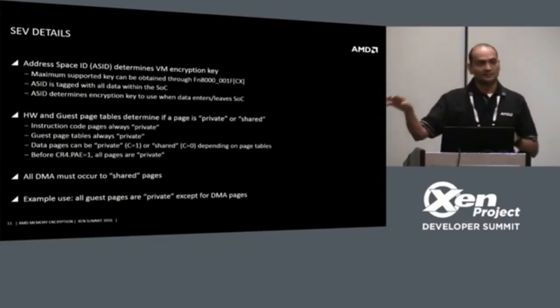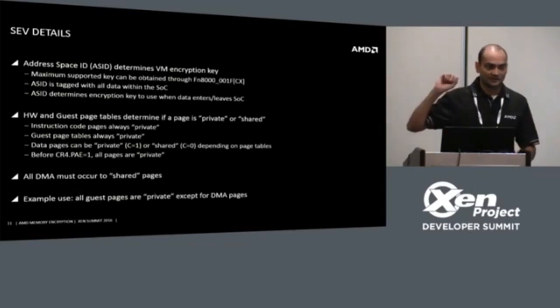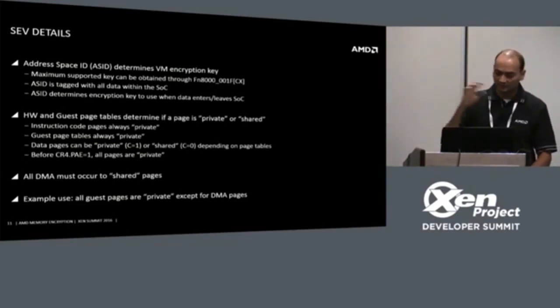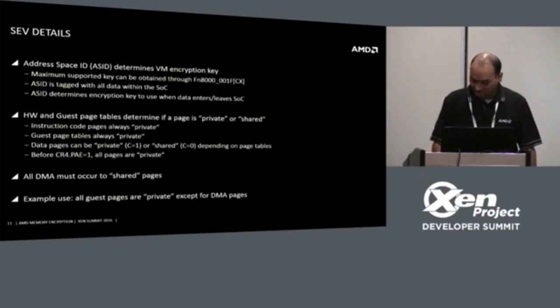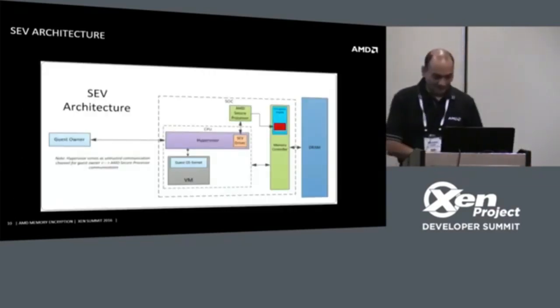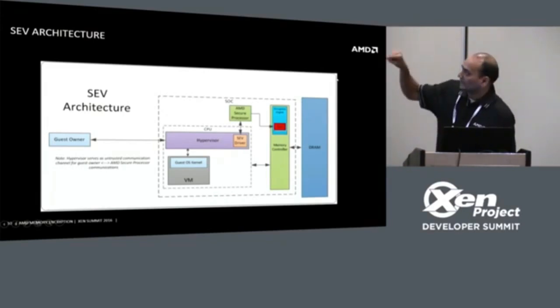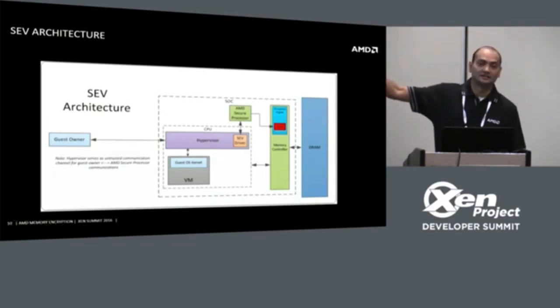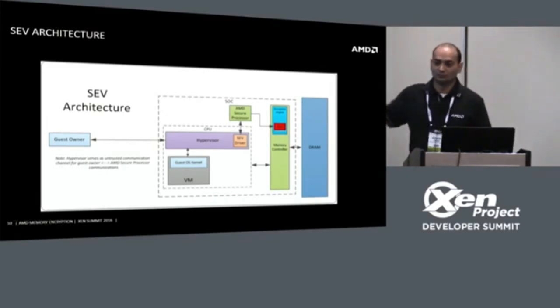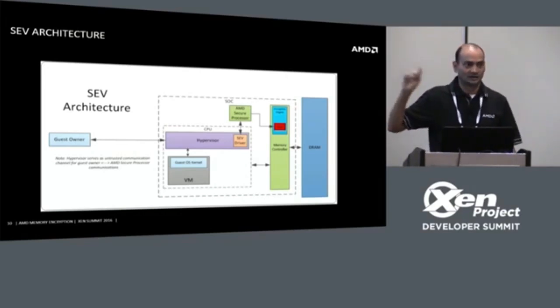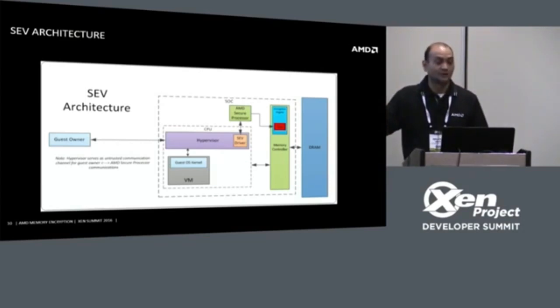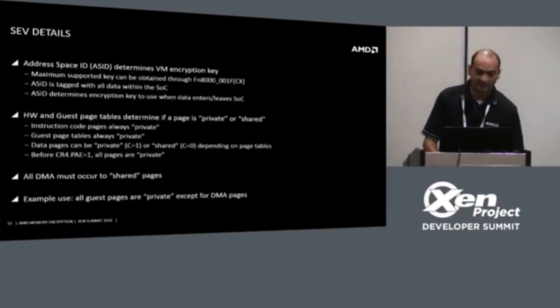But when the data leaves the CPU and goes to the RAM, it is always going to get encrypted and decrypted. So everything is tagged through the ASID. What you can think of is the ASID is nothing but the index to the key. Let's say one guest gets ASID 1, it means he's pointing to key number 1. If he gets ASID number 2, then he's pointing to key number 2.